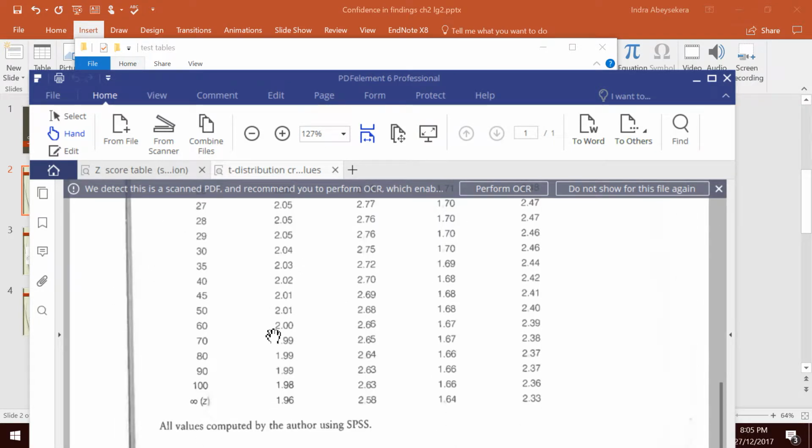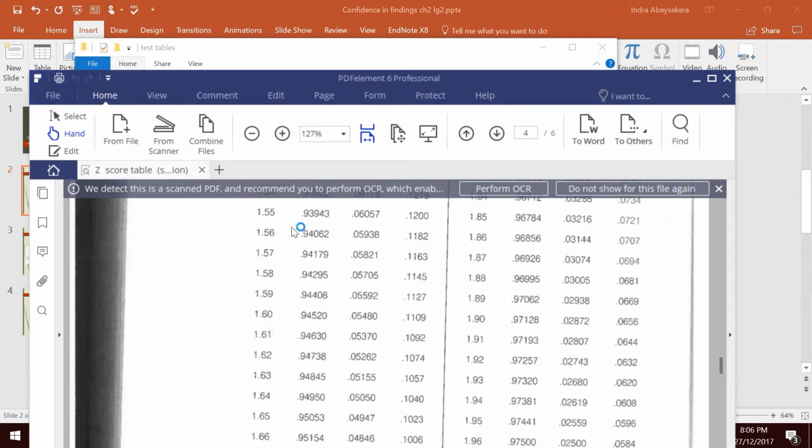And for sample size greater than 100, for the two-tailed test, it is 1.96. On the z-value table, we took 1.65.